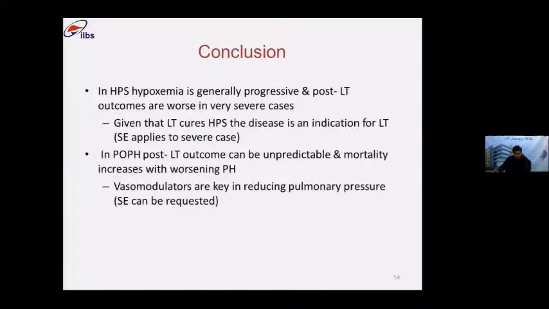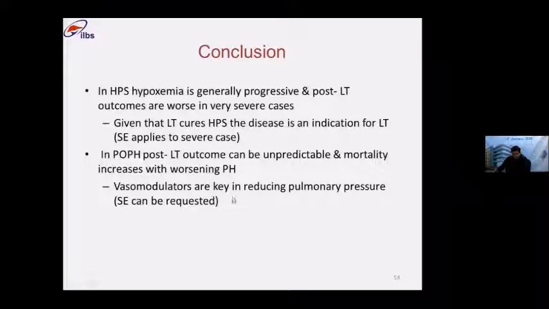In hepatopulmonary syndrome, hypoxia is generally progressive and post-LT outcomes are worse in very severe cases. Given that LT cures HPS, the disease is an indication for LT and standard exceptions apply to severe cases. In portopulmonary hypertension, post-LT outcomes can be unpredictable and mortality increases with worsening portal hypertension.